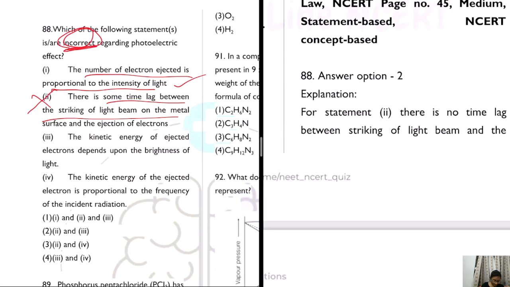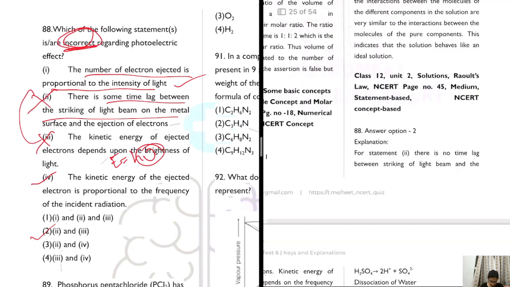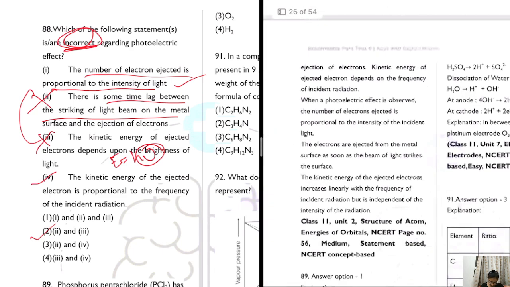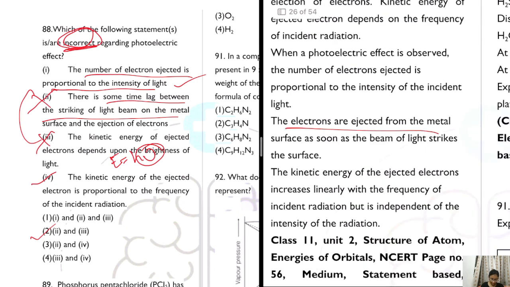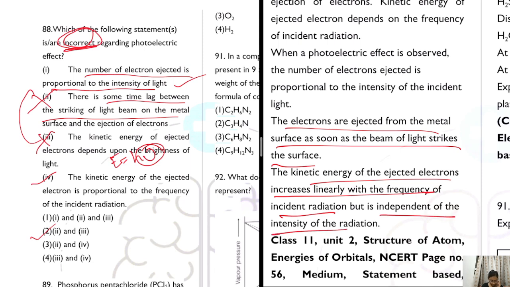The kinetic energy of an ejected electron depends upon the brightness. No. See, kinetic energy here would be equal to h nu. It depends on frequency, but not on the brightness. Kinetic energy is proportional to frequency. Yes, our answer would be second and third. Okay. So this is the answer. The electrons are ejected from the metal surface as soon as the beam of light strikes the surface, and it is linearly proportional to the frequency of incident radiation, but independent of brightness or intensity of the radiation.